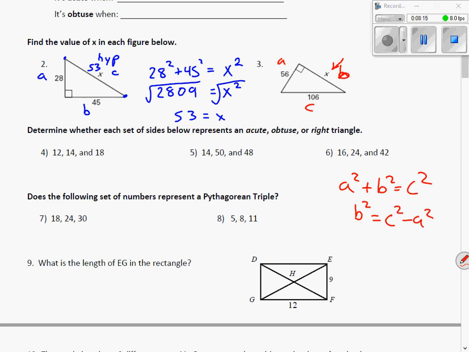And we know we're going to have to take the square root of both sides. So that leg is going to be equal to what we get when we subtract and then take the square root of that.